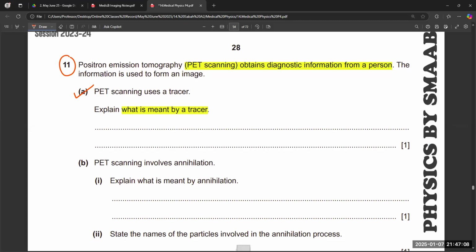So we can say: a substance containing radioactive nuclei.